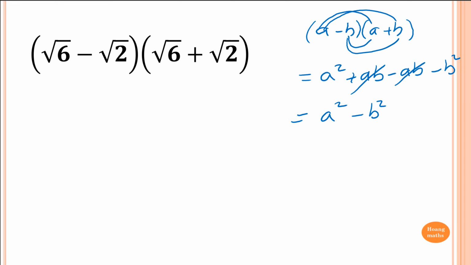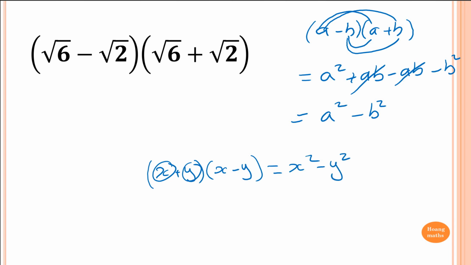What that means is if you see something like that, x plus y, or I can write this as a plus, and this one here is a minus, it's the same thing, a difference of 2 squares. So we say this squared, minus this squared. Very simple. Please recognize these rules, and it comes with a lot of practice. That's all. So I clear this.